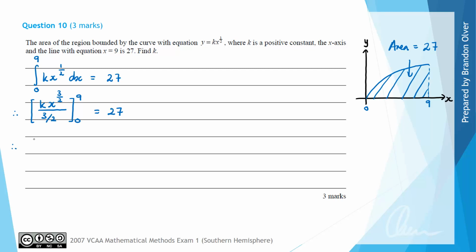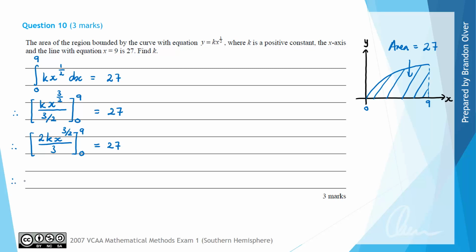And then if we just clean this up, that would be kx to the power of 3 on 2 divided by 3 on 2, which would be the same as 2kx to the power of 3 on 2, all divided by 3. So instead of dividing by a fraction, we multiply by its reciprocal, between the terminals of 0 and 9, and that is again still equal to 27.